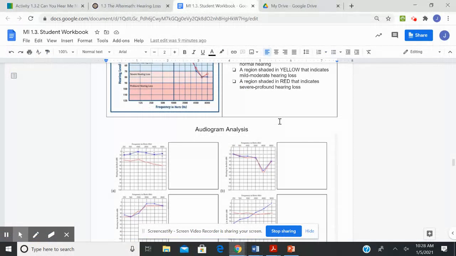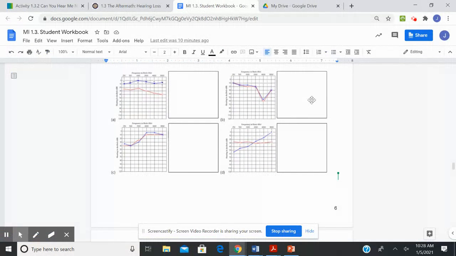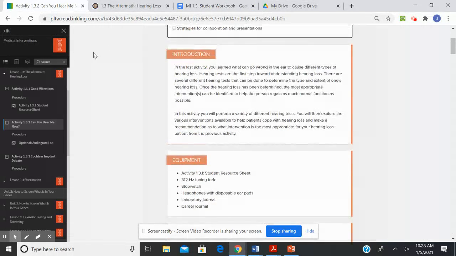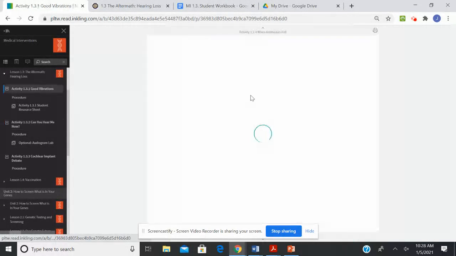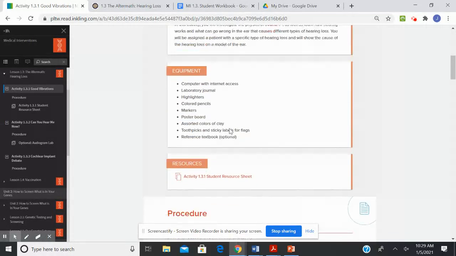All right, so that's what I would want you to put for this. So mild to moderate sensory neural, go like SN or whatever, hearing loss at high frequencies, in both ears. And then you would put this as patient, once again, patient 1 through 10. That's back in 131, looking at this resource sheet.